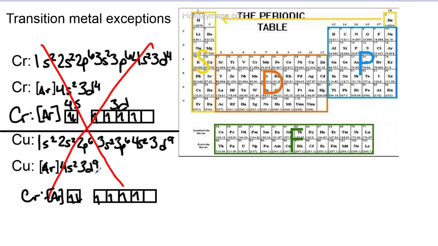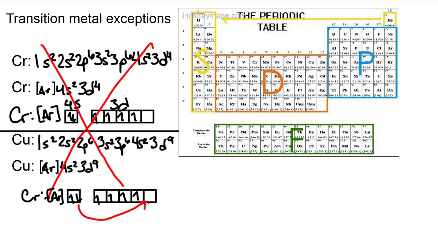Okay. Unfortunately for us, as far as chemistry goes, all things have exceptions. In this case, it's actually way more energetically stable for that s electron here to jump over to this orbital over here so that our d orbital is half filled. So 3d5 is really stable. 3d4 having this empty spot is not so stable.